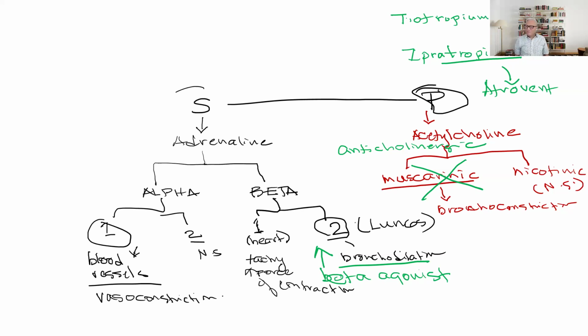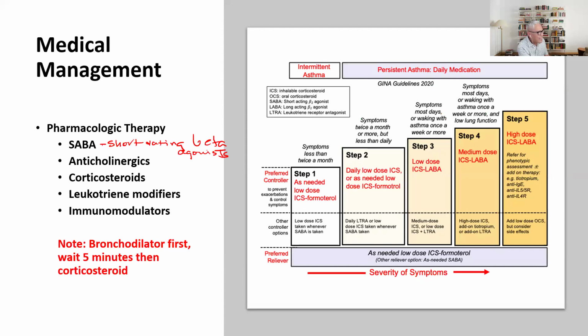All right. So now we understand why we use anticholinergic agents, and we also use beta agonists. So that's exactly these things that we had talked about. We use short-acting beta agonists as well as anticholinergics.